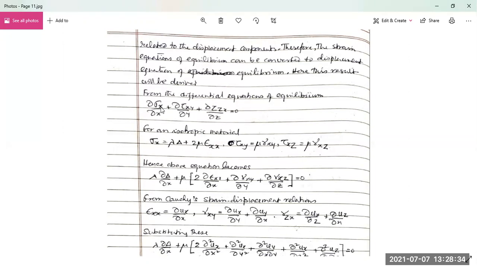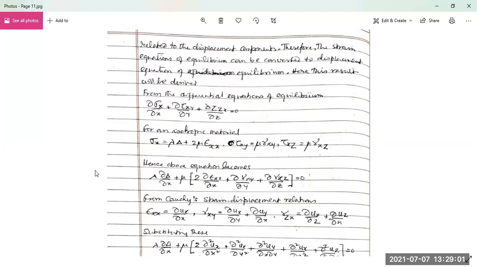Now, for an isotropic material, as I have told you, the stress component at a particular point is the same in any direction. The stress in all over the material may be the same, but may not be the same in the direction itself.